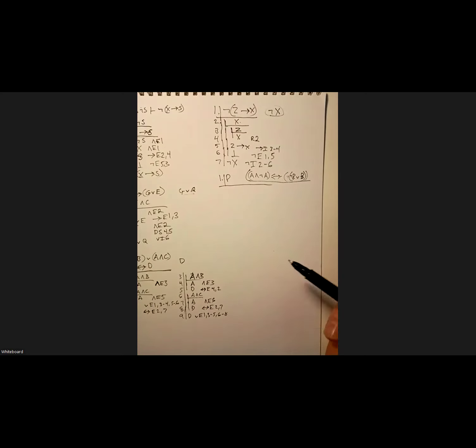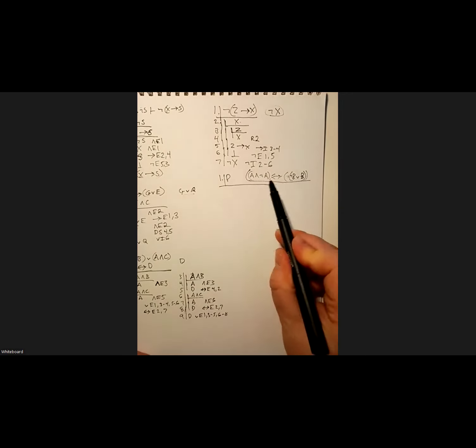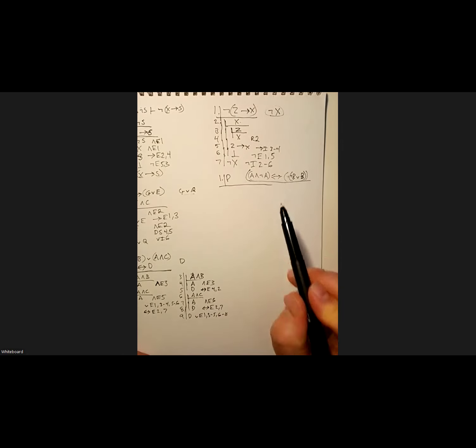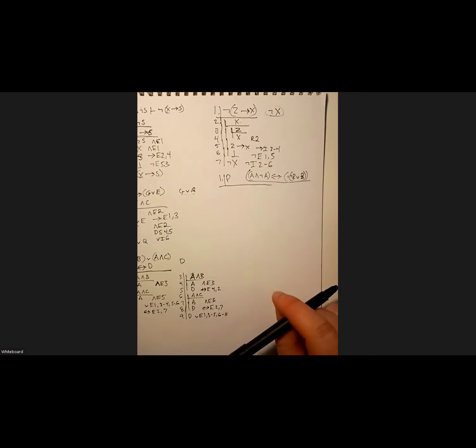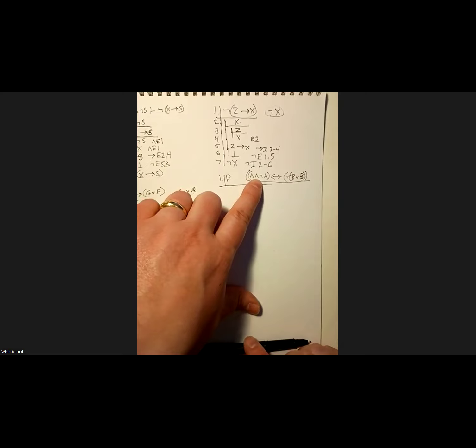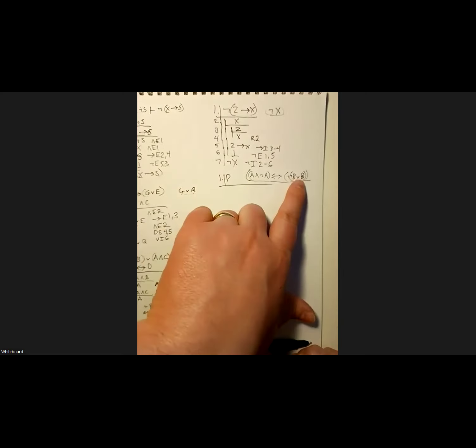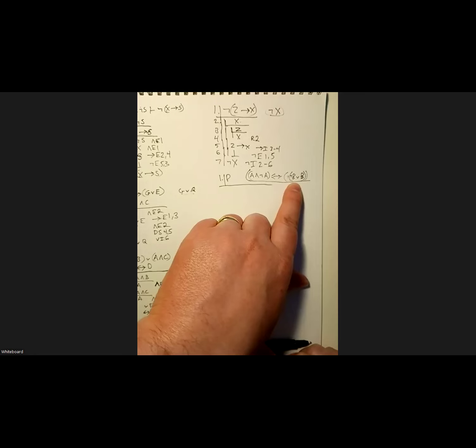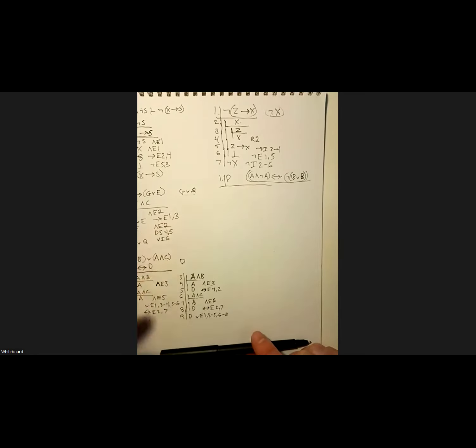So plausibly, our last step is going to be biconditional introduction, because that's going to guarantee a sentence that has a biconditional as its main operator. Biconditional introduction requires one subproof that starts with the left and ends with the right, and a second subproof that starts with the right and ends with the left.